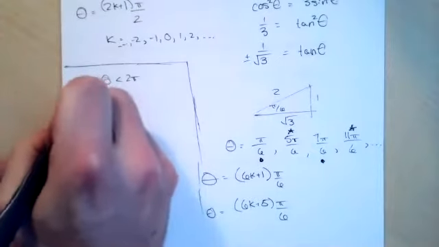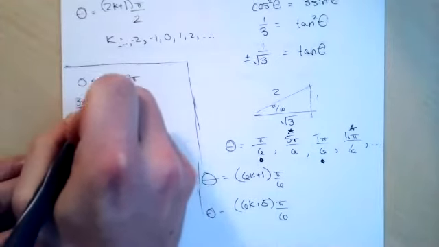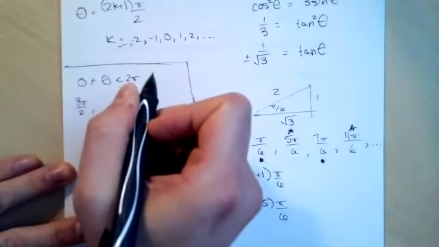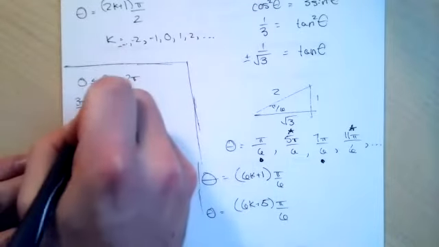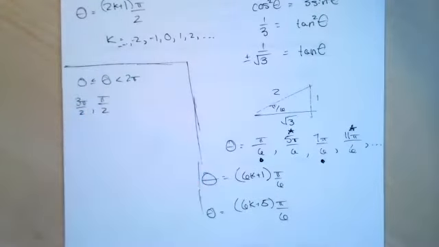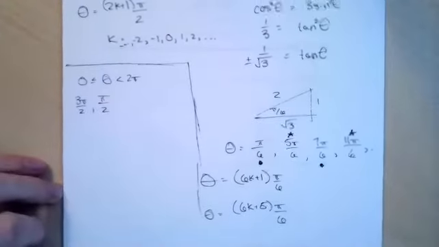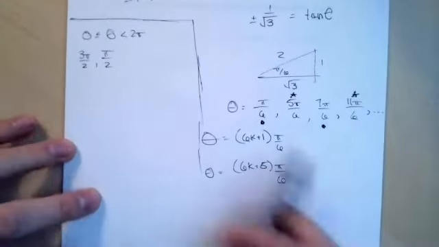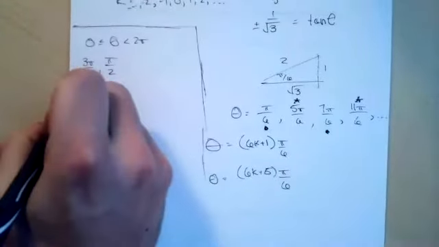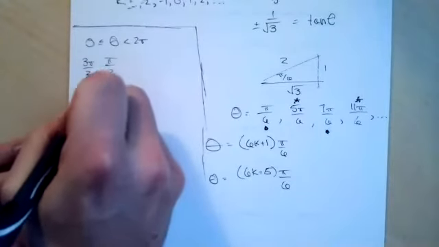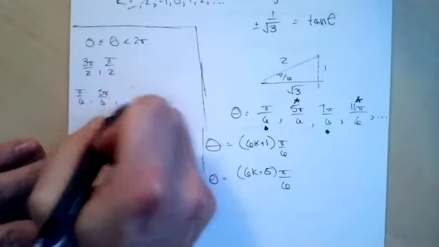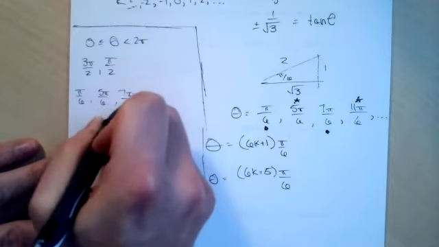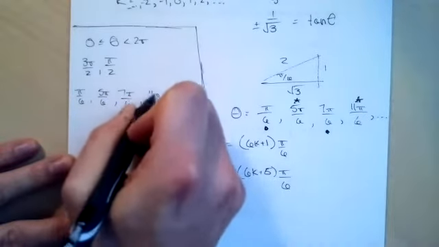We're going to have pi over 2 and 3 pi over 2. And of course, beyond that will be bigger than 2 pi. With these ones here, we're going to have our pi over 6, our 5 pi over 6, our 7 pi over 6, and 11 pi over 6.